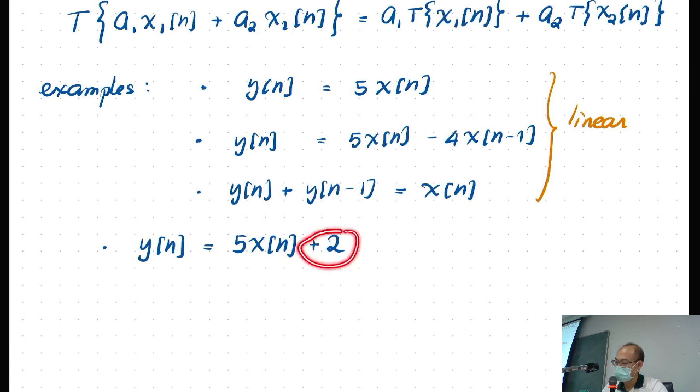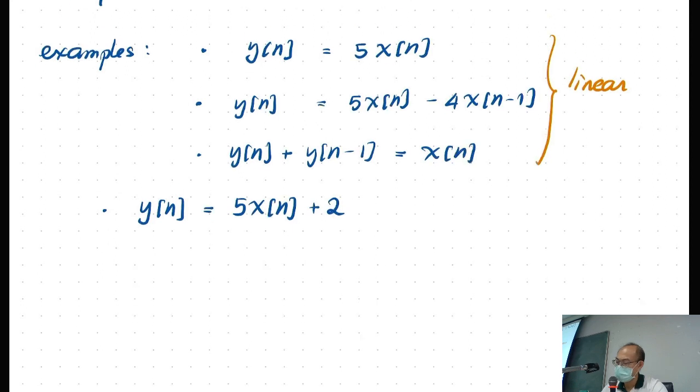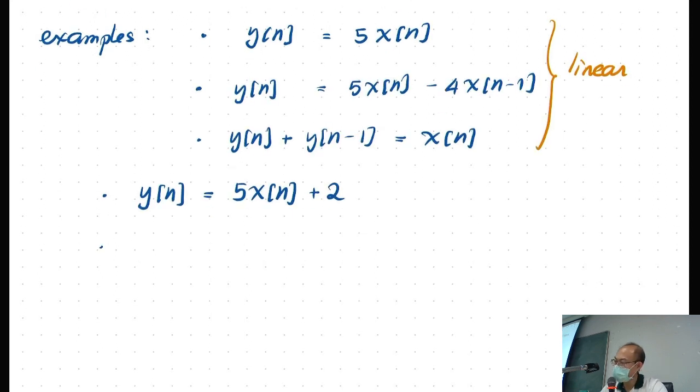This system would be linear if this value were 0. Or y[n] equal to the absolute value of x[n]. This is also not a linear system because there is an absolute value there.